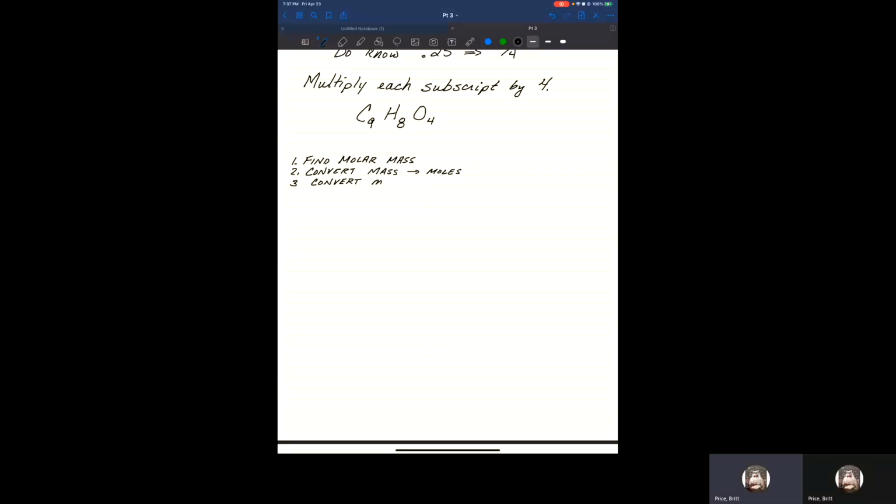Convert moles to mass. In the empirical formula calculations, that was simply taking mass and going to moles. That's all it was. And then that mole ratio.